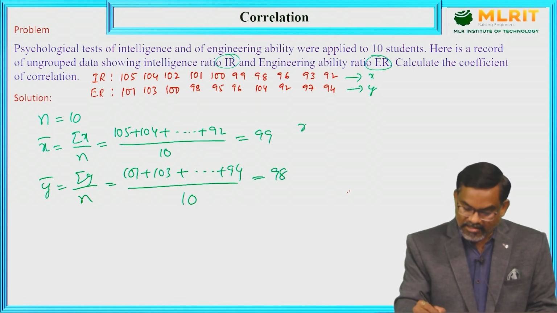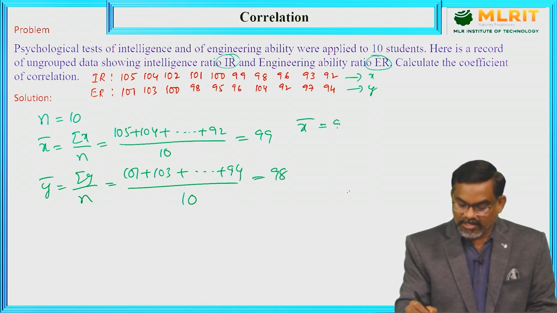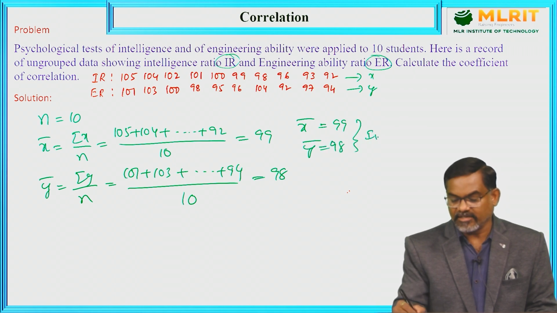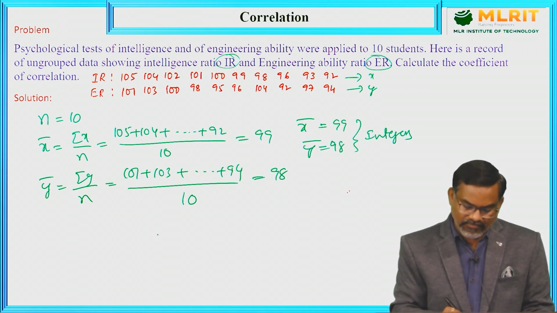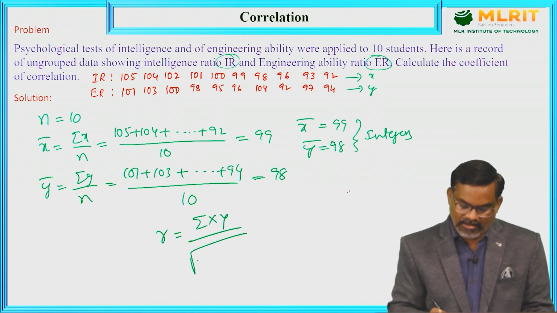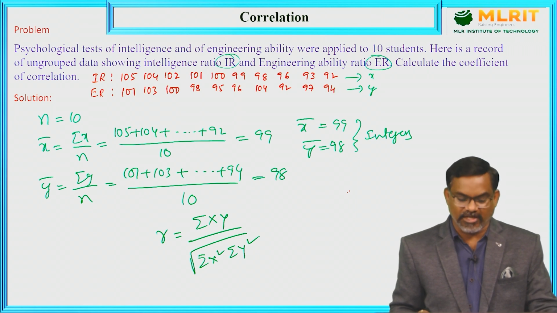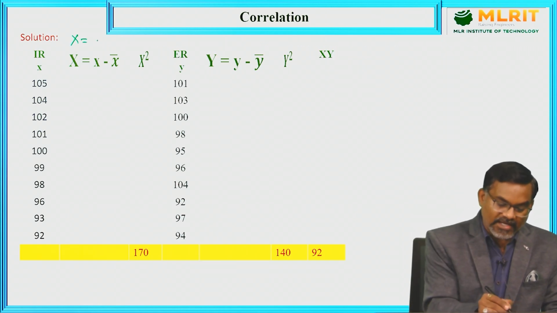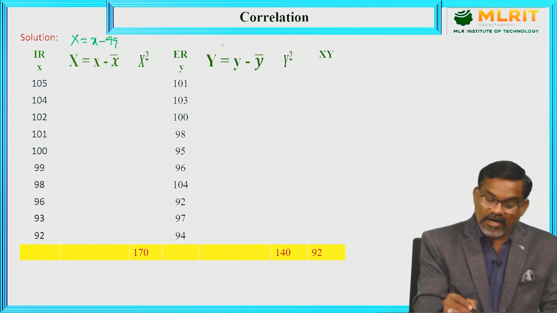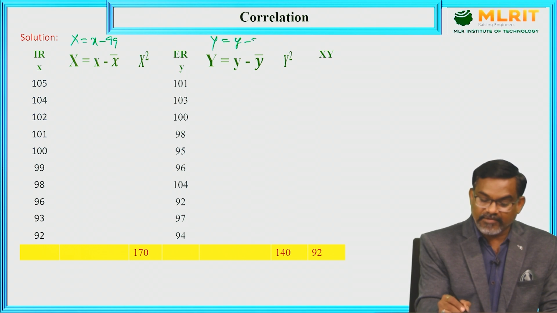So x bar is 99 and y bar is 98, both values are integers. Therefore, we can use the formula sigma capital XY by under root sigma x square into sigma y square. Let us construct the table.